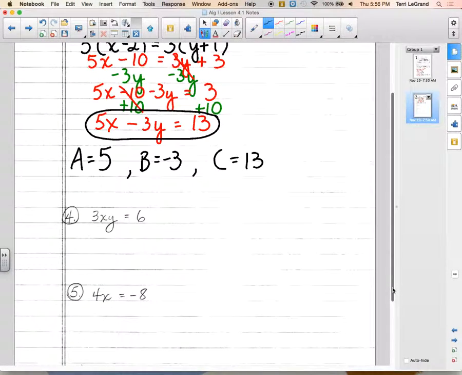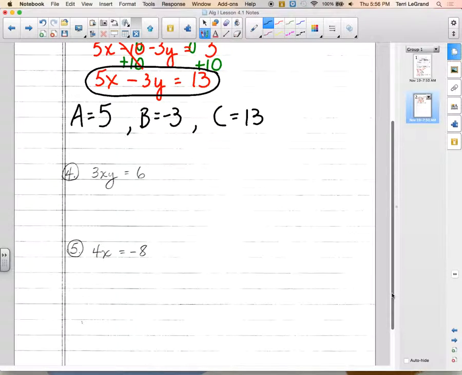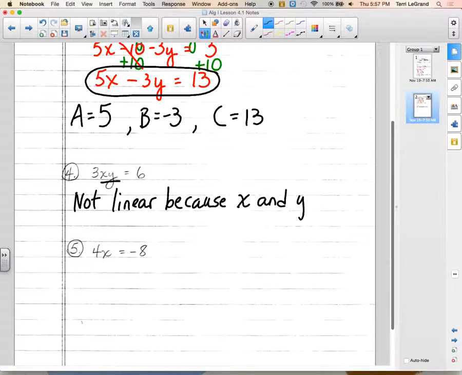Okay, let's look at number 4. Linear: we have 3xy equals 6. I see right away it does not pass the test of x and y being multiplied together. So we're going to say not linear, and we're going to give our reason. x and y are being multiplied.